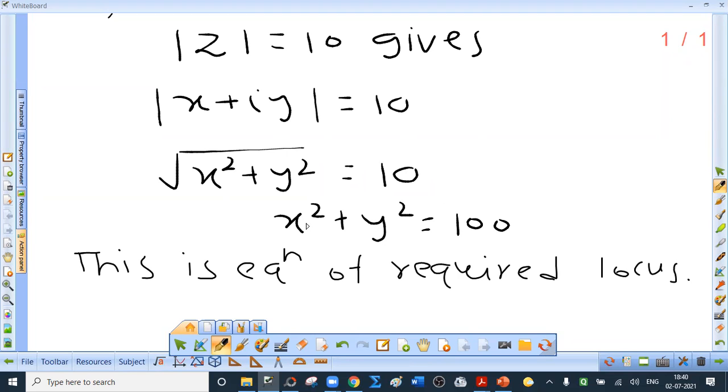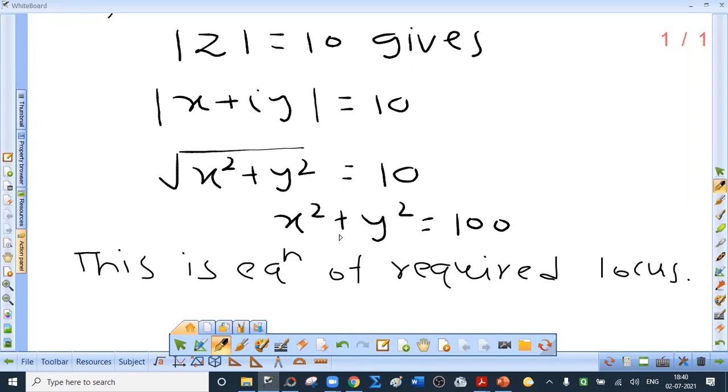The sum of the squares of x and y coordinates is always constant and it is 100. So this is the speciality of the locus, a set of points satisfying which geometrical condition? The geometrical condition is that the sum of the squares of x and y coordinates is always 100.